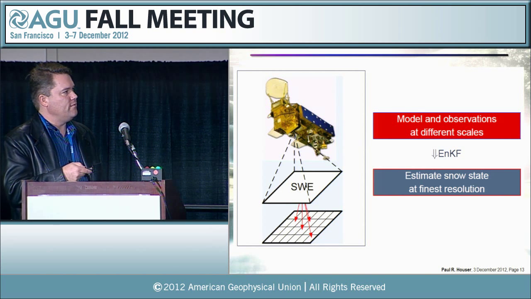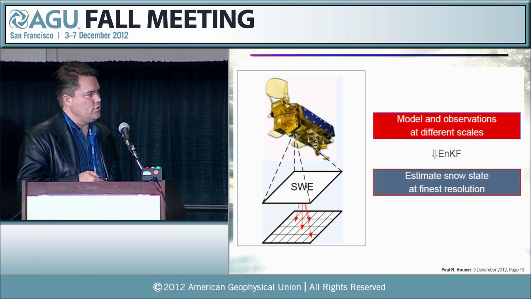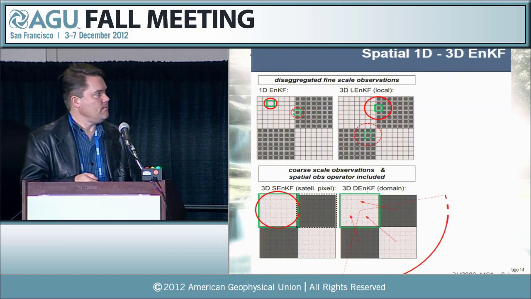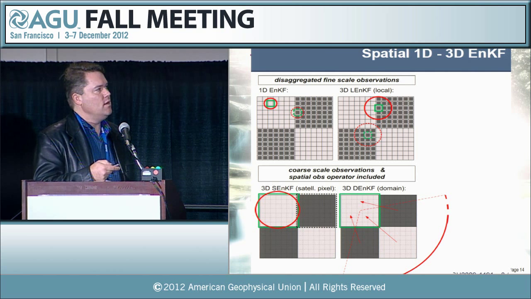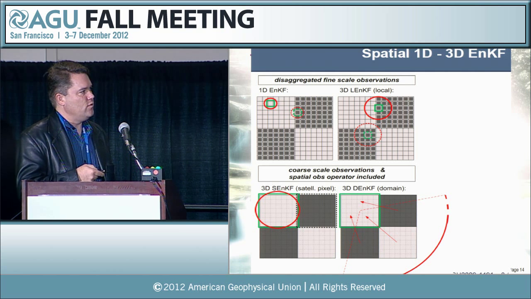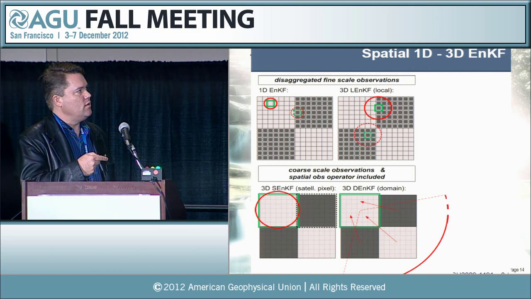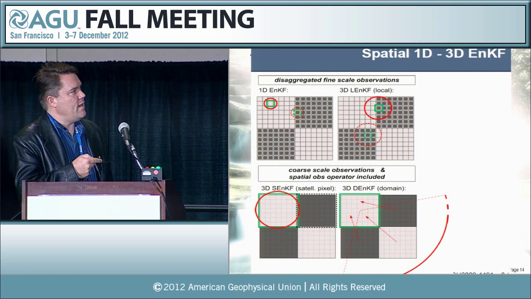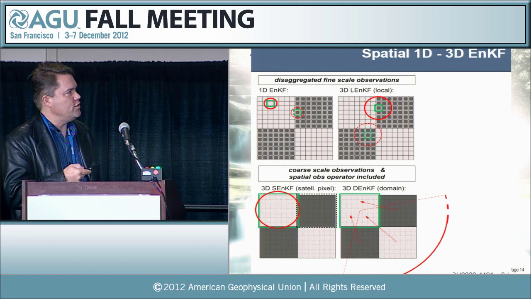So here's a picture of it. We want to assimilate the SWE and distribute it down to a higher resolution where we have observations about the snow cover. What we did was we looked at a series of different kinds of filters. Mainly these accounted for different spatial characteristics. From the very simplest, we just assimilate in a 1D ensemble Kalman filter at the point, the highest resolution, the nearest observation we have.